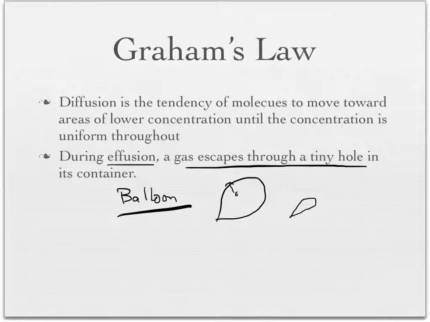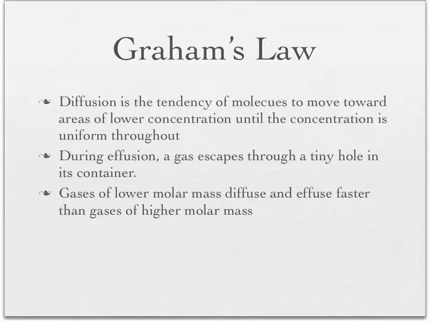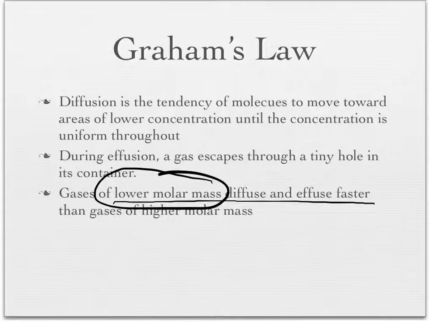And here's what's important to come away with. Gases of lower molar mass diffuse and effuse faster. In other words, smaller things can get through the holes better. They move around faster. That makes sense. If you fill a regular rubber balloon, you just blow it up, it's going to last a few days and get smaller.